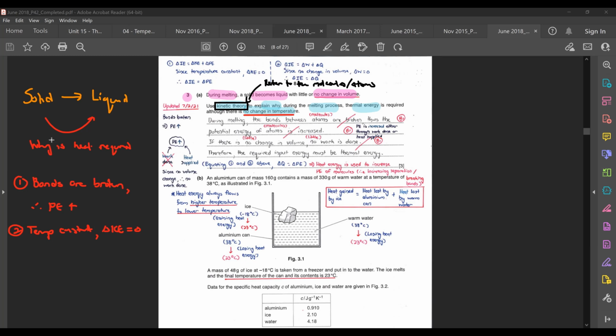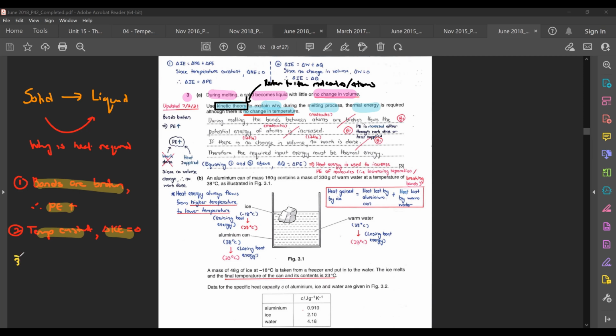So when you try to refer to the molecules now, the first thing you know is that bonds are being broken, so your molecular PE is increasing. But if you're talking about the KE of your molecules, you cannot say anything about it because temperature was constant. So now what you do know is that your PE is increasing.